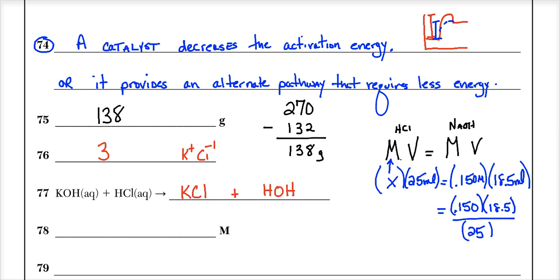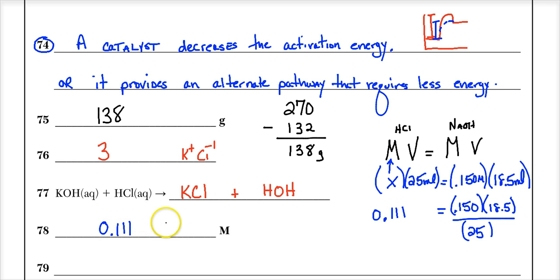All right, take your handy dandy calculator. 0.150 times 18.5 divided by 25. And I get a molarity that's equal to 0.111. So that's our molarity.